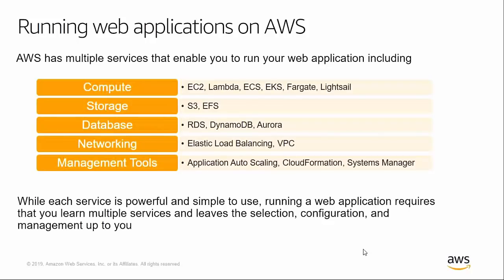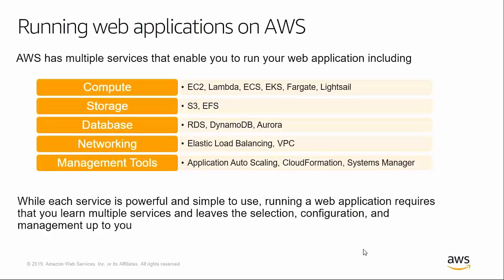So regardless of the organizational structure or the workflow that you're using, AWS has a lot of services that can really help you run that web application today. And these are each individually very powerful services and very simple to use. And they're things like for compute, we have EC2, we've got Lambda, we've got ECS and EKS.